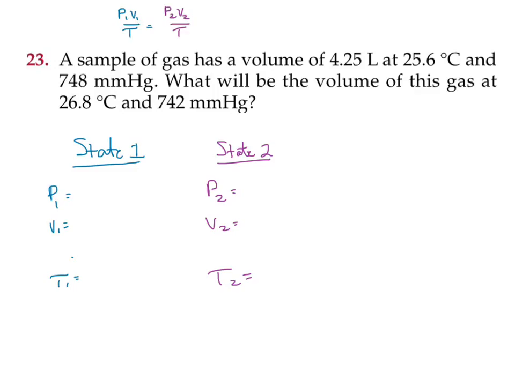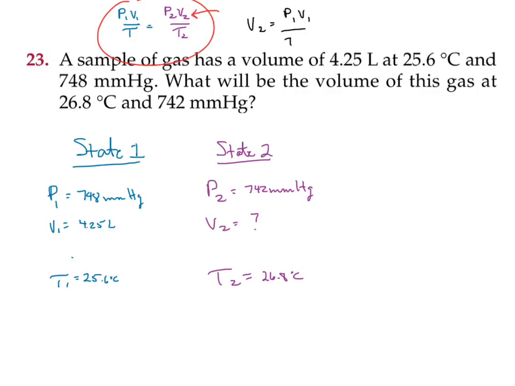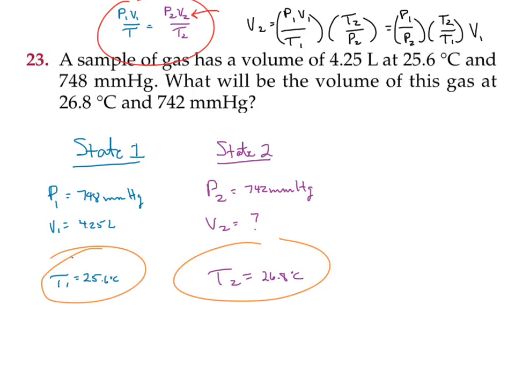A couple of states there. When you plug in all the stuff you know, it's kind of straightforward. Solving for V2. My thing just froze. Okay. My circles there are just to remind you to fix those temperatures to Kelvin.